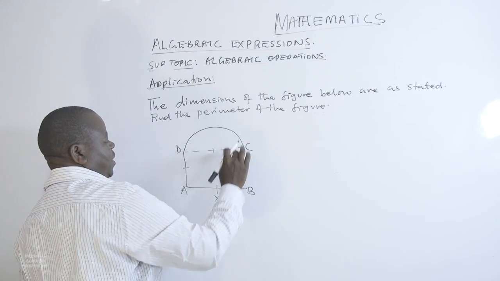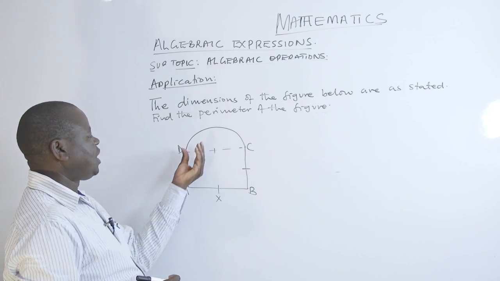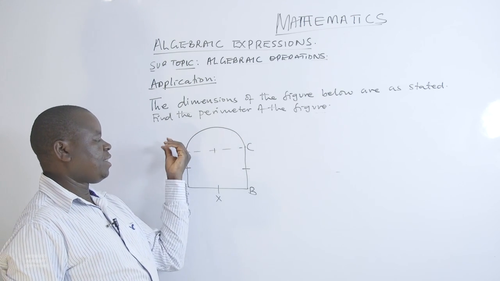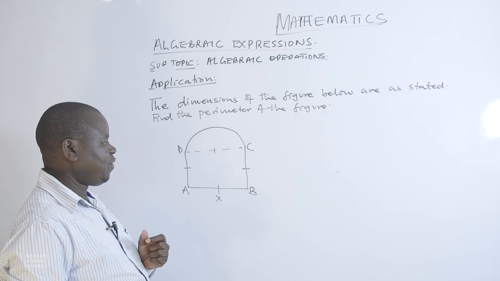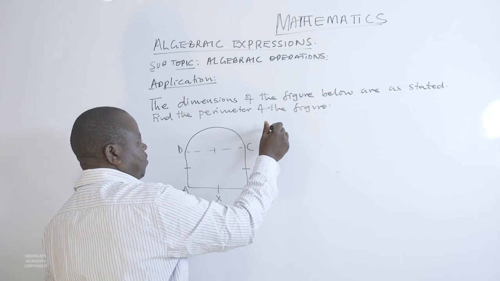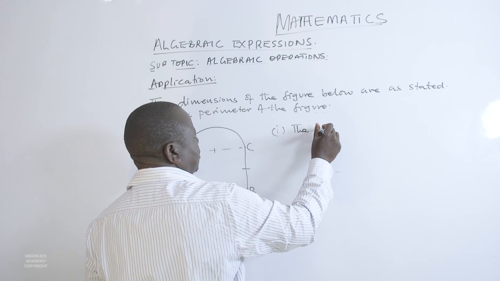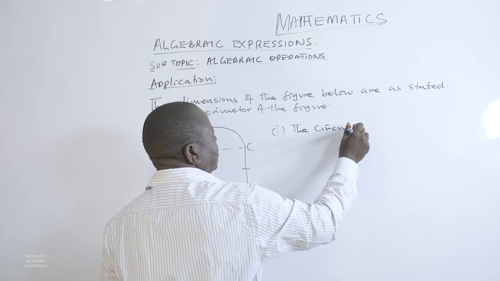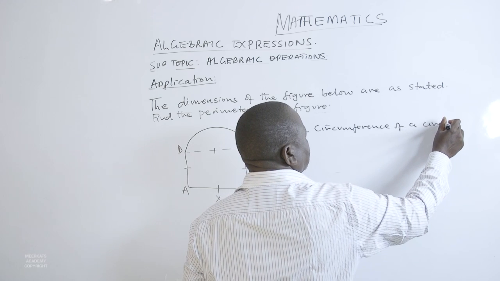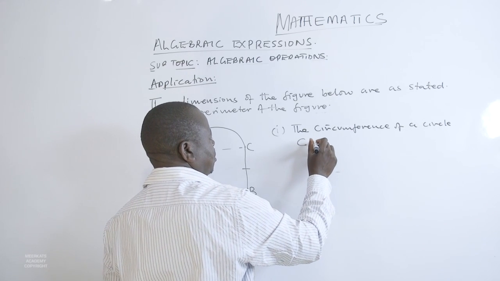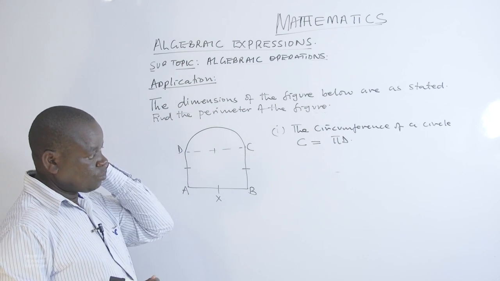But if you look at the top part, it is semicircular in nature, and therefore we are able to calculate the curved length of the semicircular part using the formula for finding the circumference of a circle. So we start by saying that the circumference of a circle is pi d.